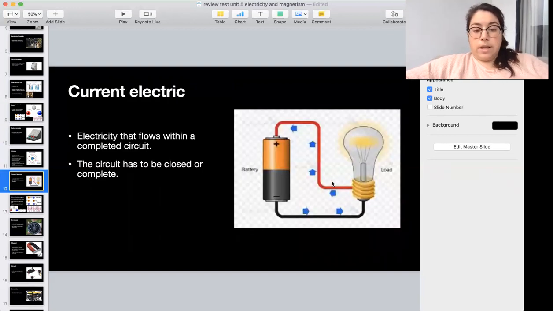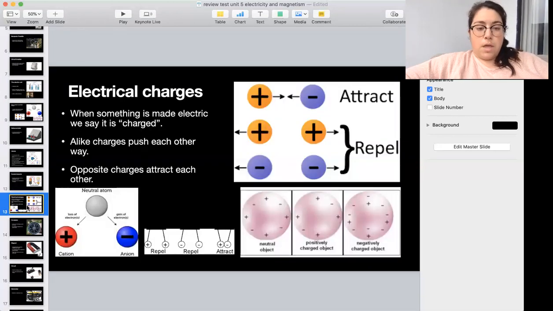Okay, electric current means the electricity flows within a complete circuit. Remember that the circuit has to be closed or complete for electricity to flow. Okay, now that we're talking about charges, we say that something that is made electric, we call it charged.